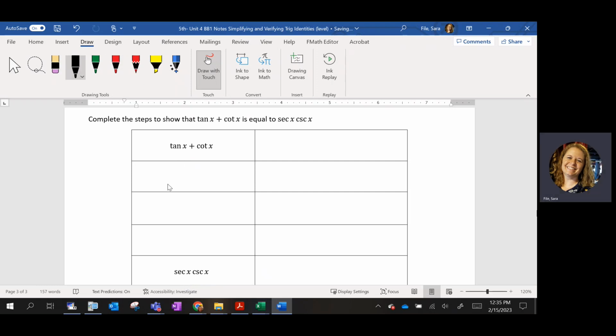I'm going to change tangent to sine over cosine, and cotangent to cosine over sine. So that's step 1. That is quotient IDs.